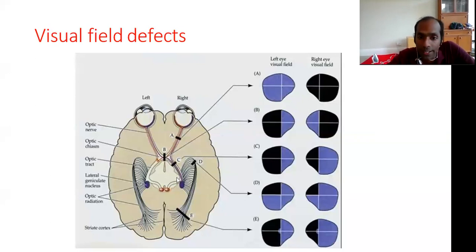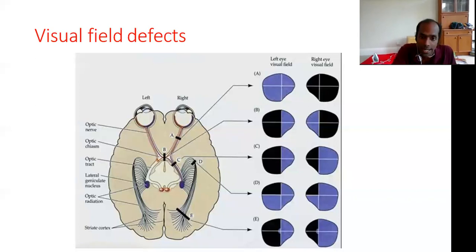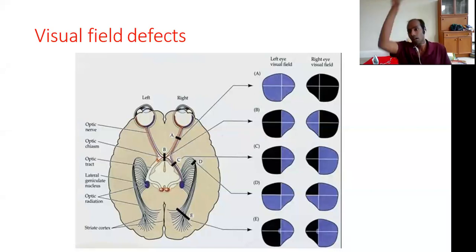So you have the optic tract, optic radiation, and the occipital cortex. Any point distal to the optic chiasma, that is the optic tract, the optic radiation, which is mentioned as D, and E, which is the occipital cortex. The lesion can be anywhere in these three places: tract, radiation, and cortex.